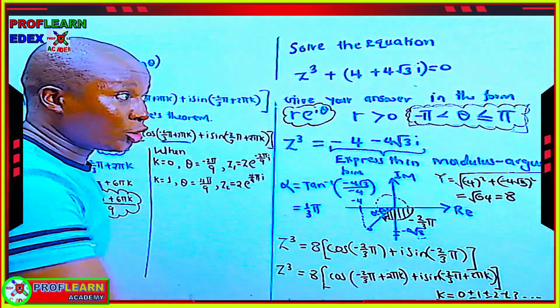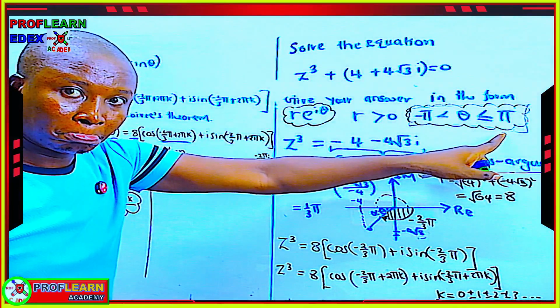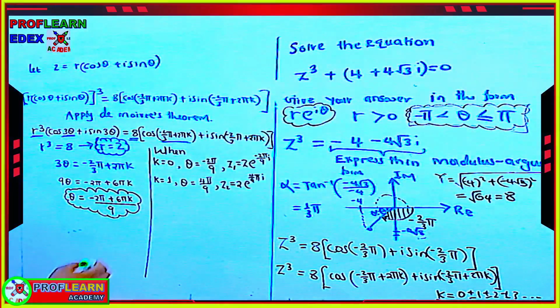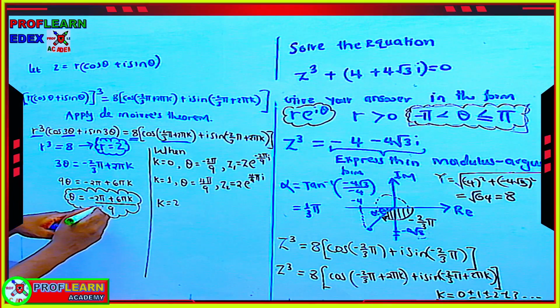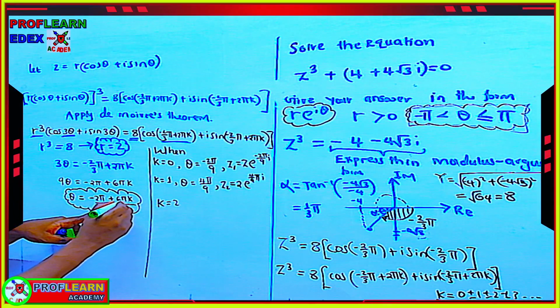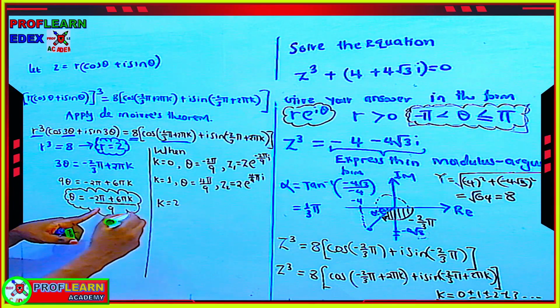Theta should not exceed pi. So if we take k equal to 2, this is going to be 12, because 6 pi times 2 will be 12, minus 2.